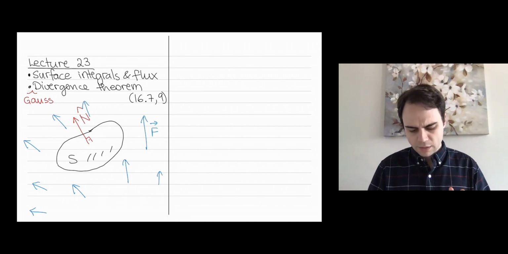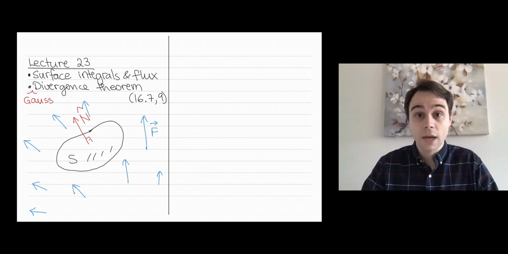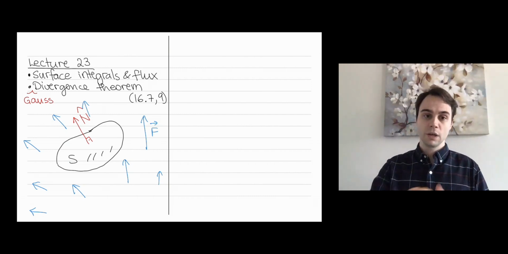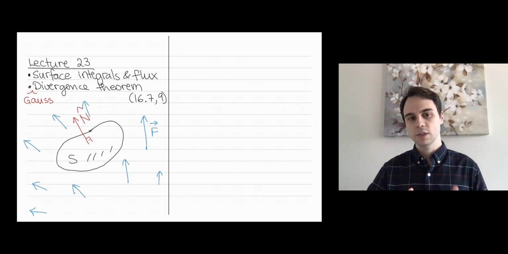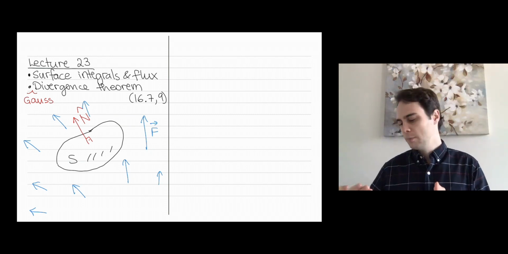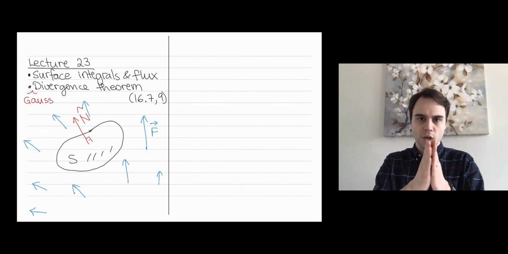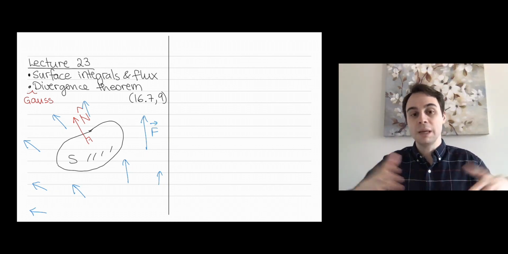A quick comment before I make the next definition. We already talked about flux when we were in 2D, and then we talked about flux across a curve. Here in 3D, we talk about flux across a surface. The idea is that to have flux, we have to have a vector field and some sort of wall that divides space in two, right?